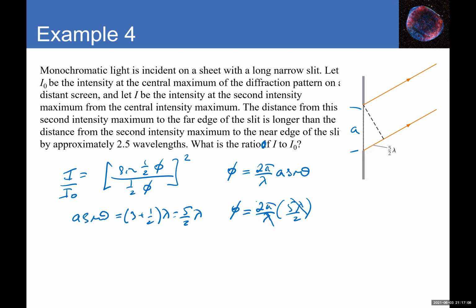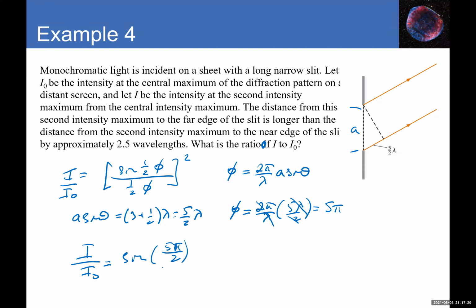Lambdas cancel out, 2's cancel out, and we get 5 pi. Okay, that means we can come back here. I over I naught is equal to sine of 1 half phi, where phi is, sorry, phi is 5 pi.